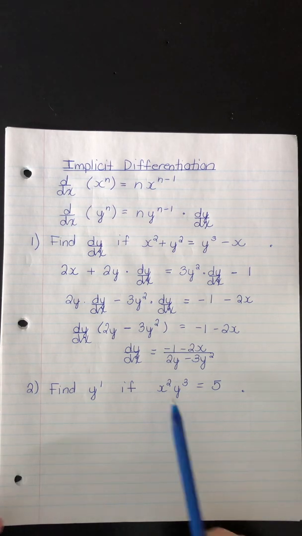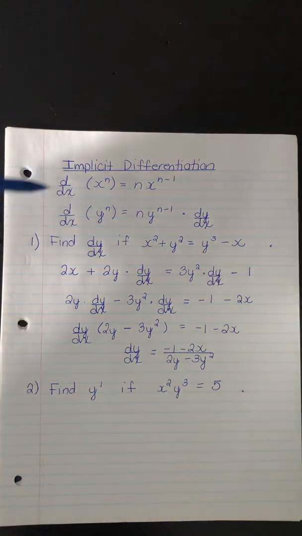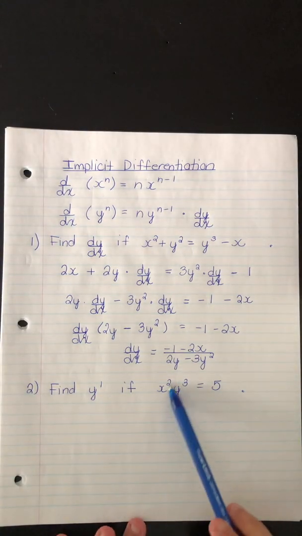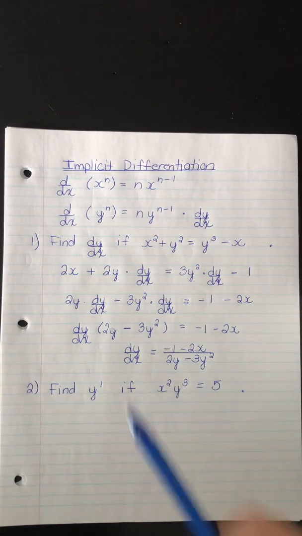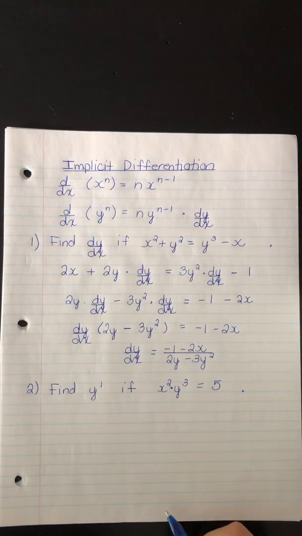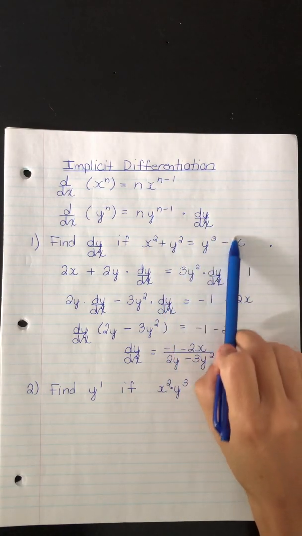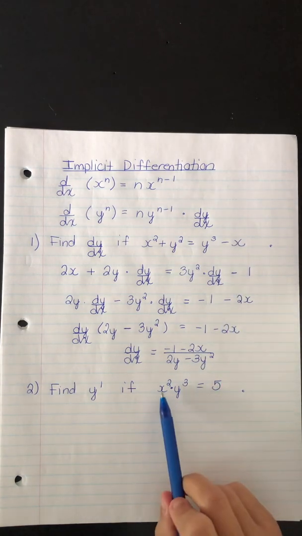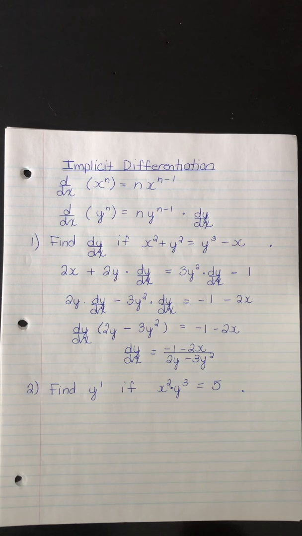Problem 2 is different because x squared involves this formula, y cubed involves the other. They are in the same term, and in fact, they are multiplied together. We didn't have that here. We had 4 separate terms. We had no term that had both x and y in it.